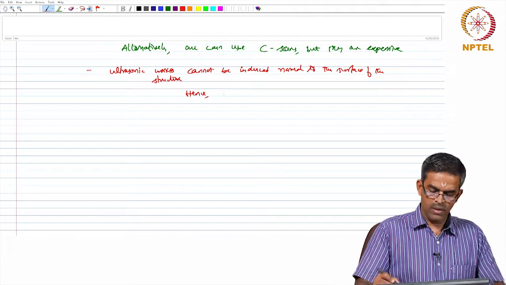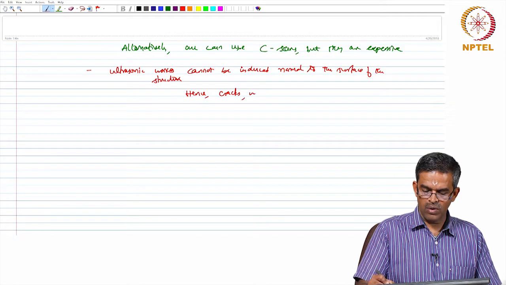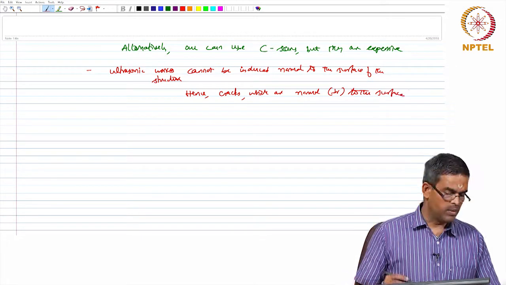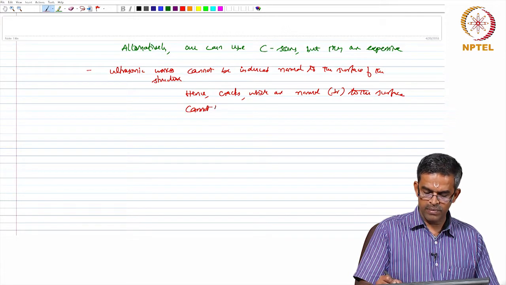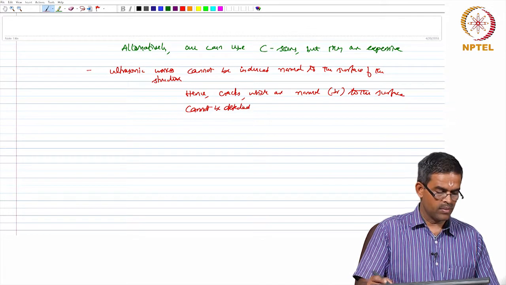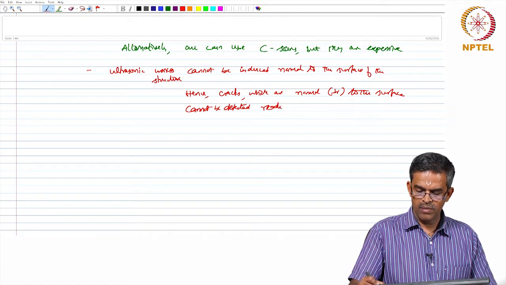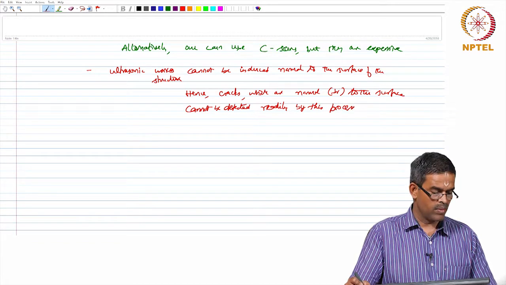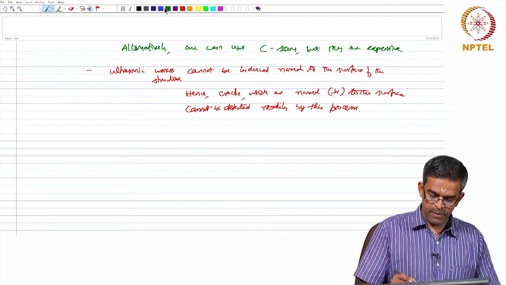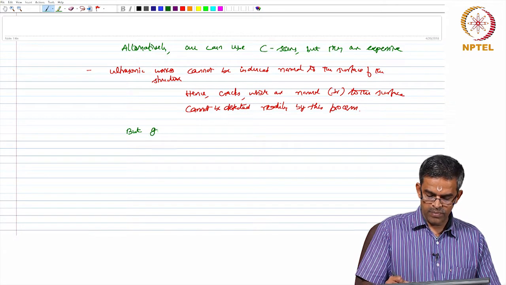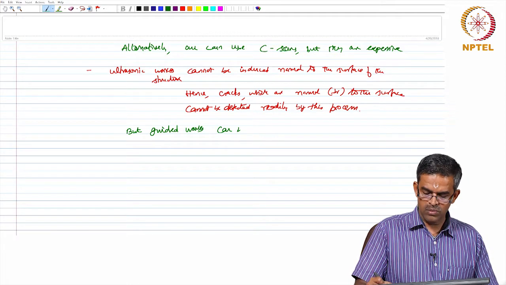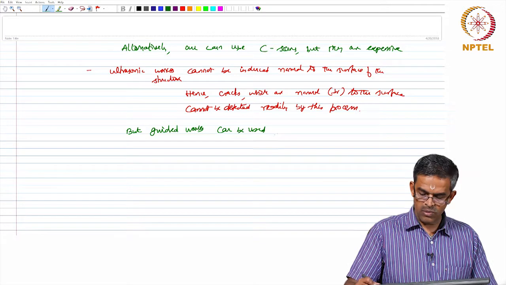Hence, cracks which are normal, that is perpendicular to the surface, cannot be detected readily by this process. But guided waves can be used to detect such flaws.